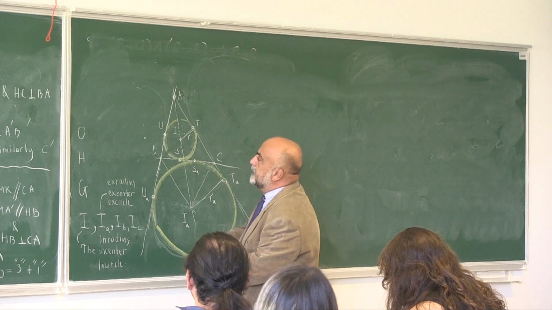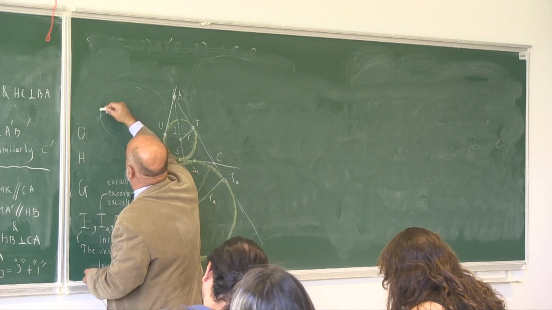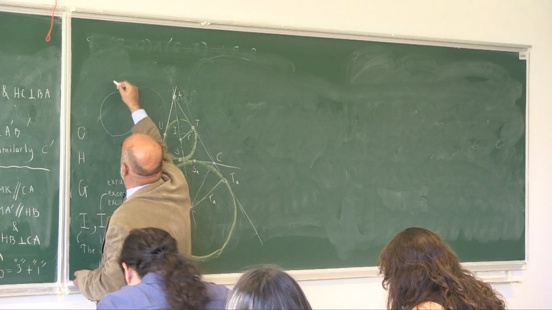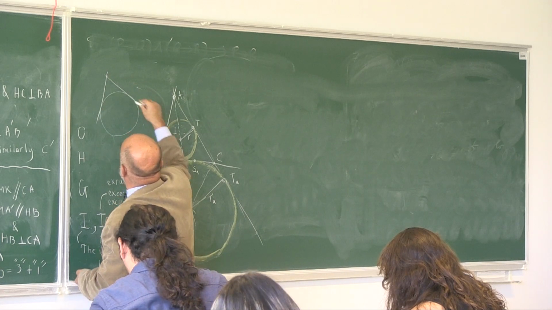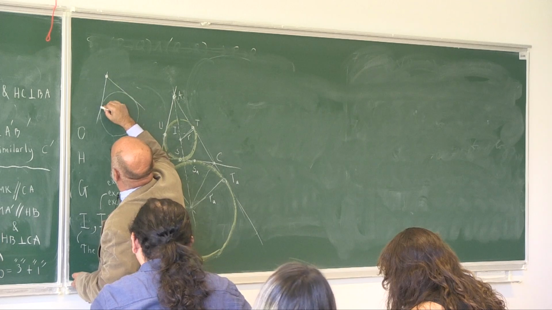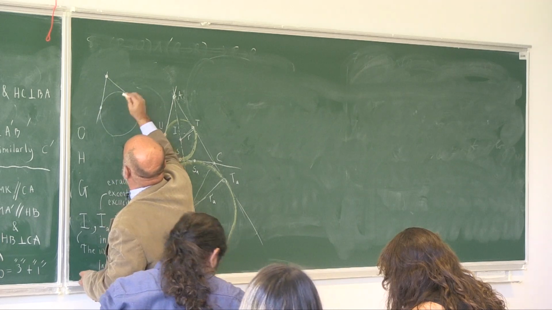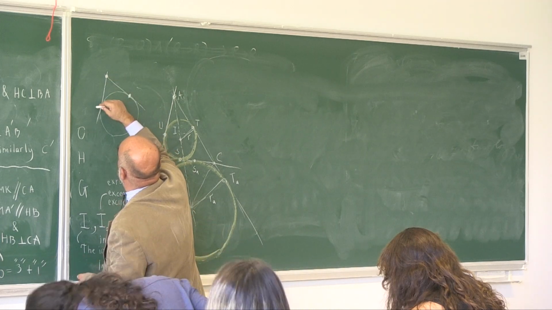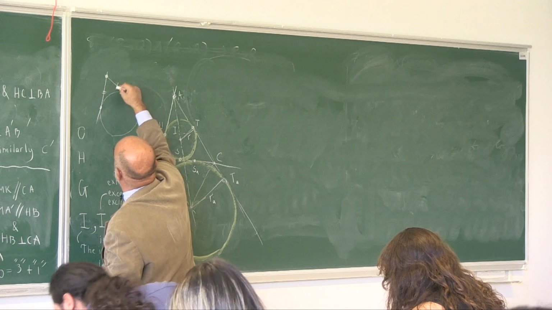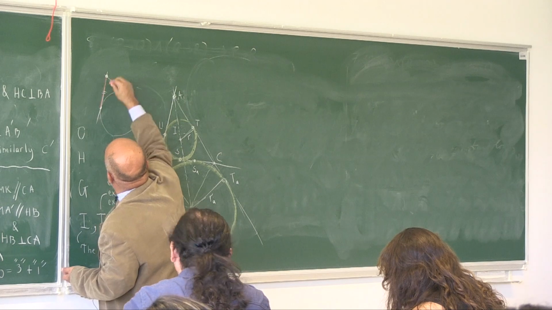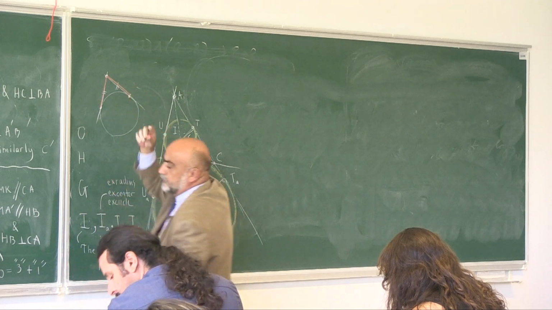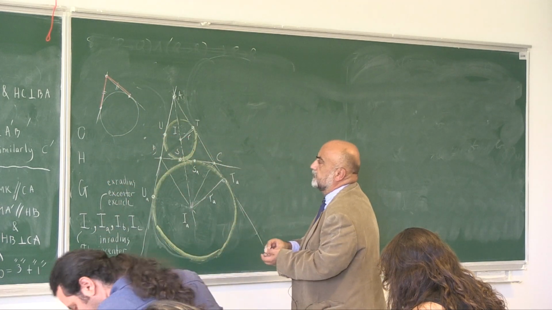By the way, I think it's obvious, isn't it? If I take a circle, and if I take a point outside and draw tangent lines, then the line segments with endpoints at the point and at the points of tangency are equal in length. I'm not going into that, it's very easy.